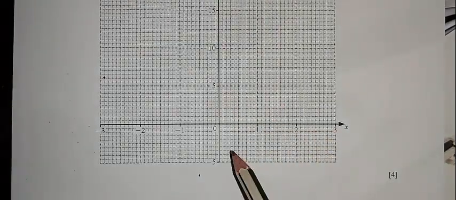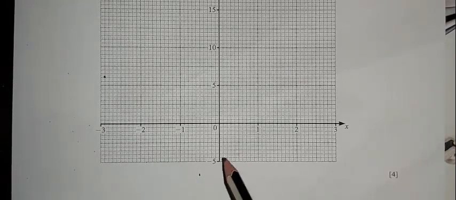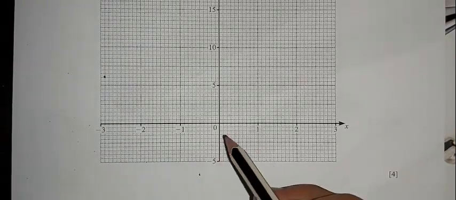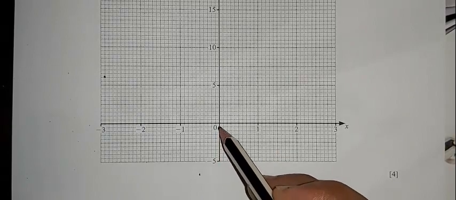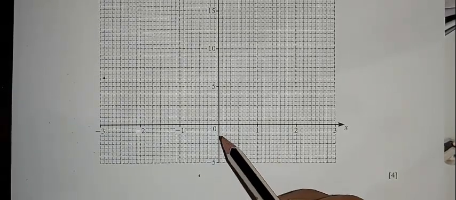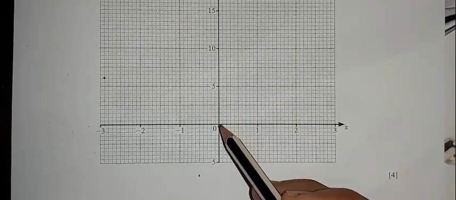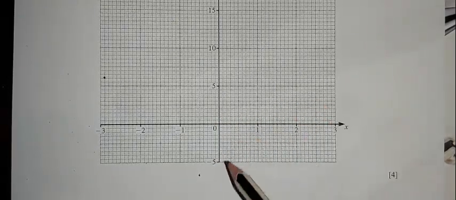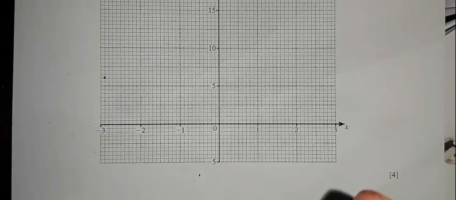So we need to calculate the small squares here: 1 2 3 4 5 6 7 8 9 10. So 10 small squares represents 5, so each 2 small squares represents 1.